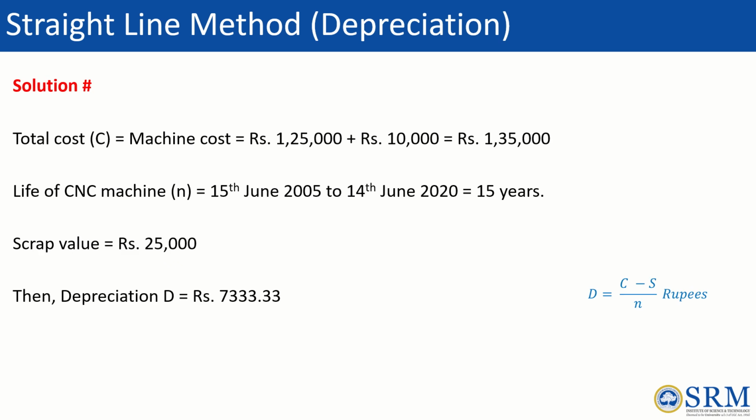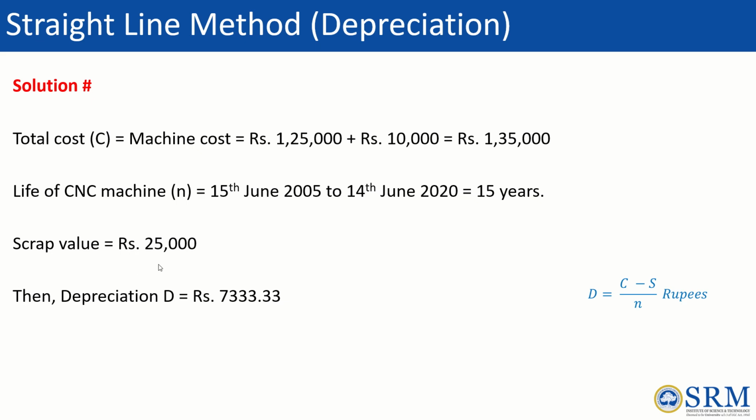Right, let's break down the solution. First, we find the total initial cost by adding the baseline purchase price to the installation expenses. The total intended life of the machine from 2005 to 2020 is exactly 15 years. The total cost is the machine cost, 1,25,000, plus rupees 10,000 installation, which gives 1,35,000.